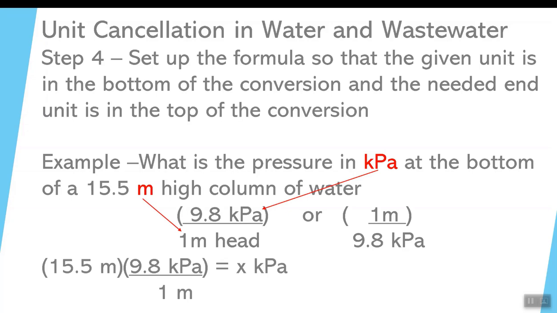So our starting unit is meters, 15.5 meters, and we multiply by 9.8 kilopascals for each meter. And you'll notice how, magically, the meters cancel out, and the kilopascals is left as our final unit.